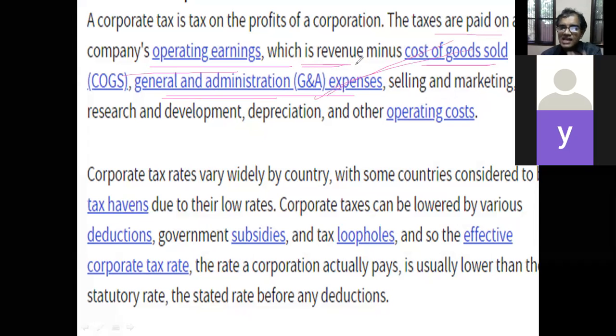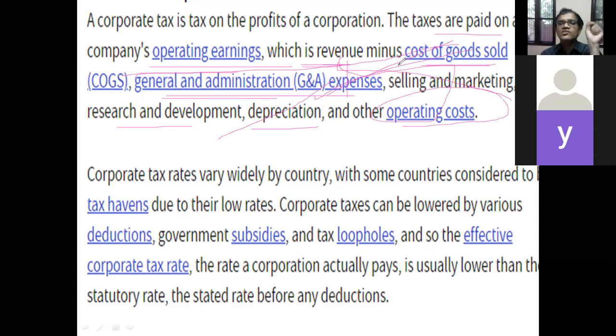So whatever sales revenue is there, from that you have to subtract cost of goods sold, in other words production expenses, and general and administration expenses, selling and marketing expenses, advertising expenses or any other selling expenses, research and development expenses, depreciation and other operating costs. All this we have to deduct from sales, from revenue.